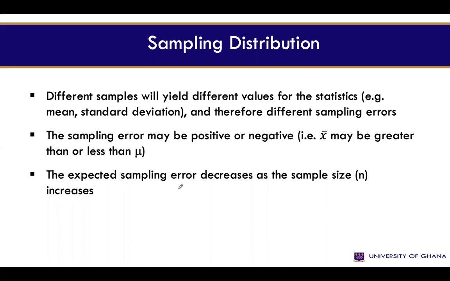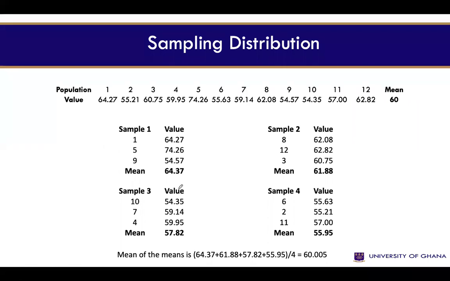The sampling distribution comes as a result of the distribution of the different sample statistics that you select from the population. This is an example that we have. For the first sample, we have a mean. For the second sample, we have a mean. For the third sample, we have a mean. For the fourth sample, we have a mean also.